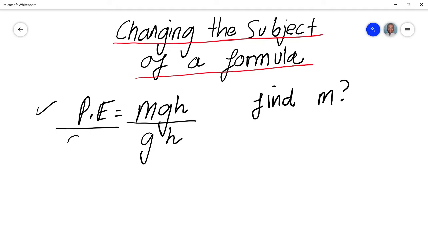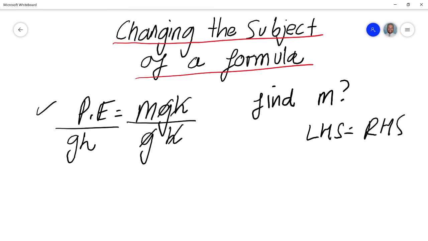Whatever you do on your left-hand side, you need to do on your right-hand side as well. So we're dividing by gh on the left-hand side and also by gh on the right-hand side. If you look carefully, the g cancels out, h cancels out, and therefore m becomes potential energy over g times h.